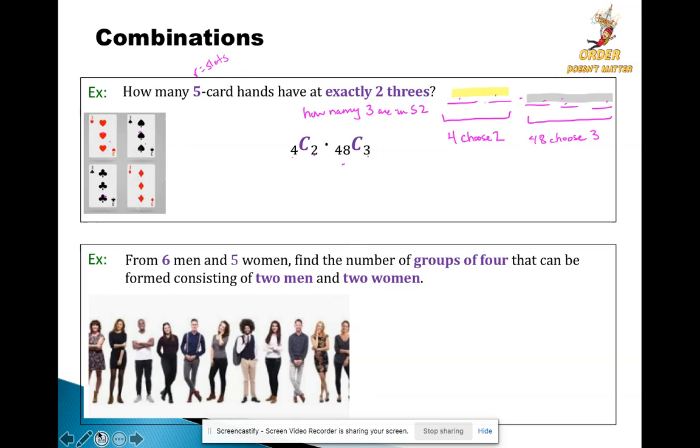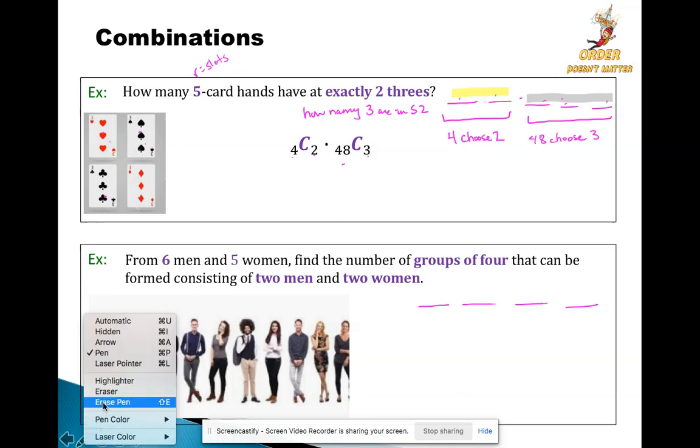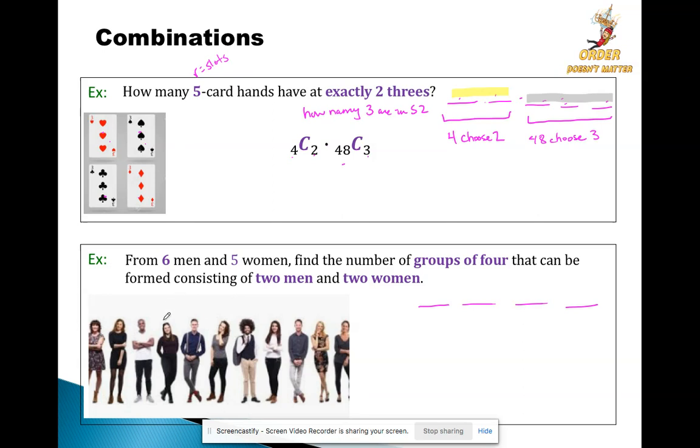6 men, 5 women. I want a group of 4. Order does not matter, right? Because if I choose 2 guys, it doesn't matter whether this gentleman goes in this slot or this slot.